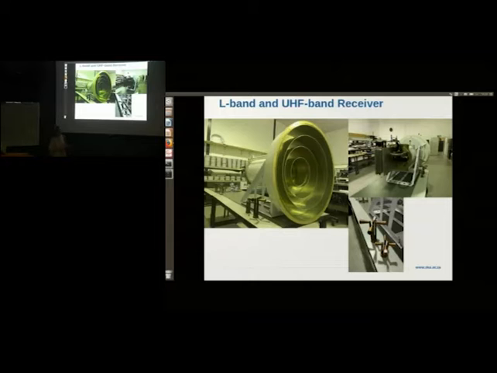The bandwidth of the UHF band receiver is 580 to 1010 megahertz. And for the L-band receiver, it's 900 to 1670 megahertz. Did I get that right? So I said UHF band first, right? Okay, great.